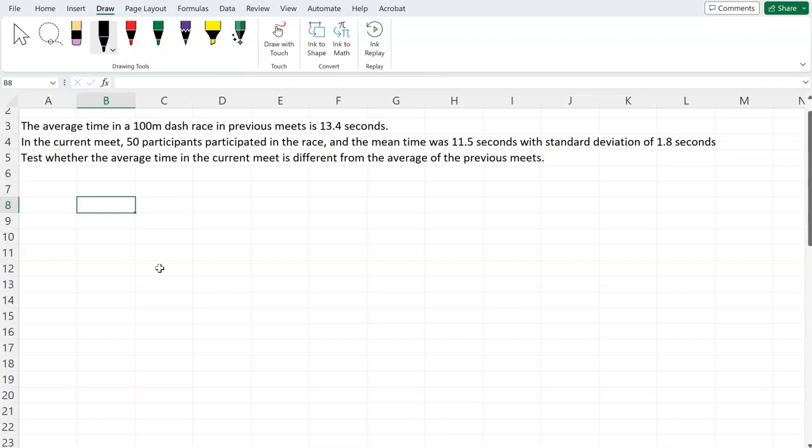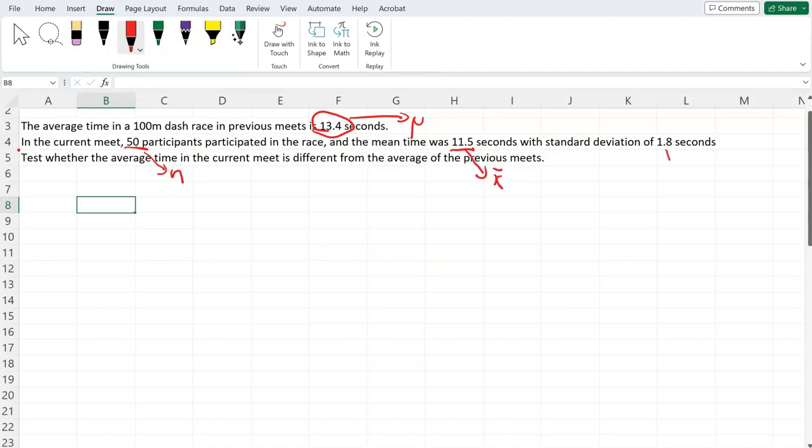We know the average time in a previous race is 13.4 seconds, so this number must be my mu. In the current meet, n is 50, and the average was 11.5 seconds, which is my x bar.